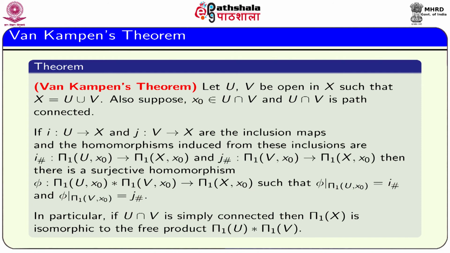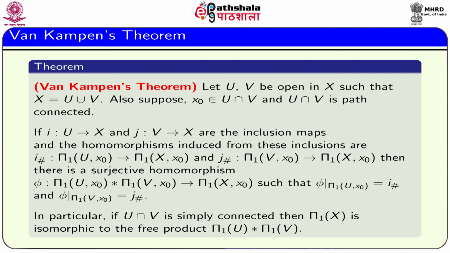then the theorem says that there is a surjective homomorphism phi from π1(U, x0) star π1(V, x0) to π1(X, x0) such that phi restricted to π1(U, x0) is i sharp and phi restricted to π1(V, x0) is equal to j sharp.